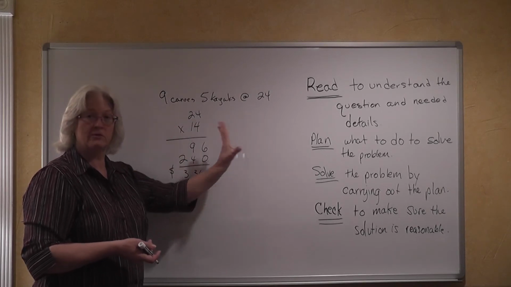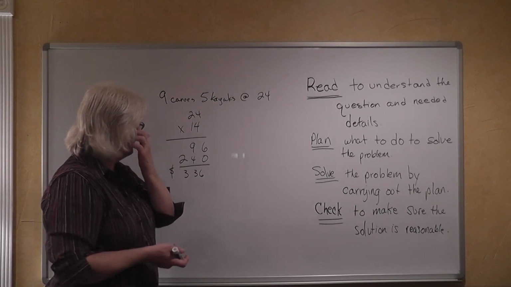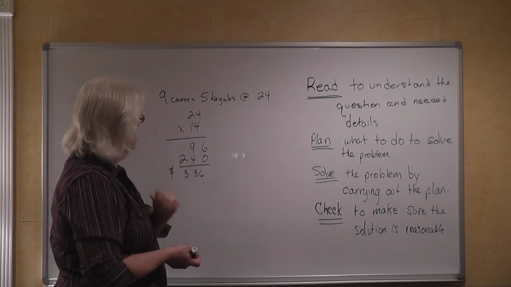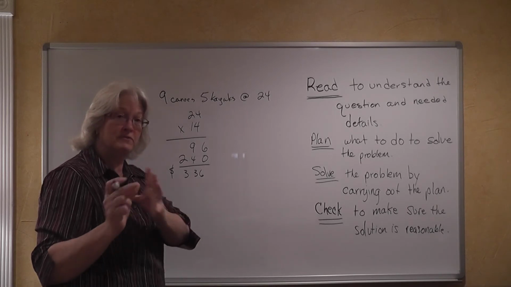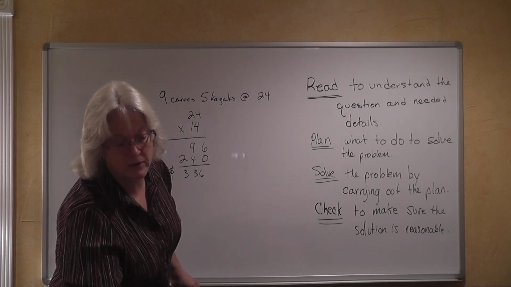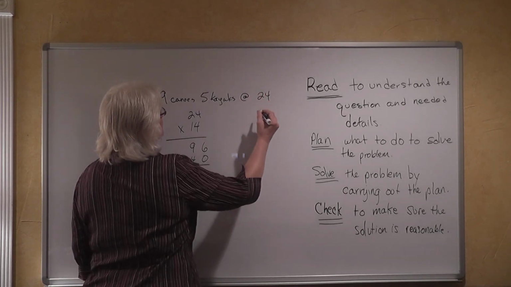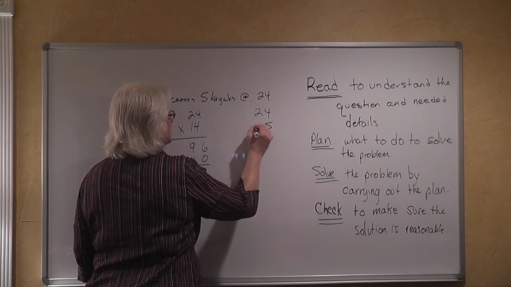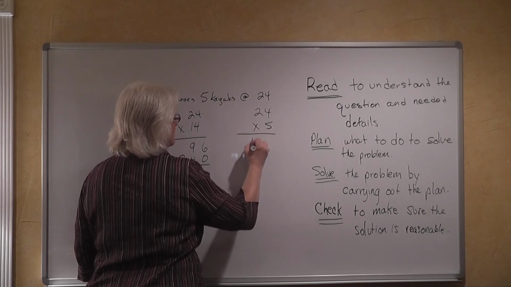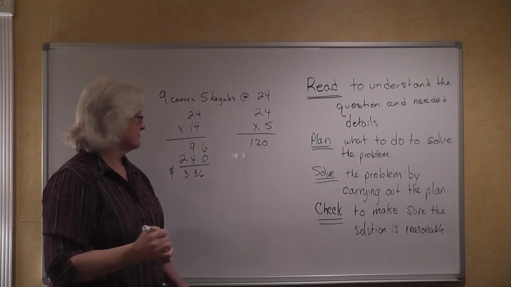Did he rent all of those? No, he didn't rent all of those. There were 5 of those vehicles, I believe, that he didn't rent. Let me verify. He didn't rent 5. So how much money did he miss? 5 vehicles weren't rented. That's $120.